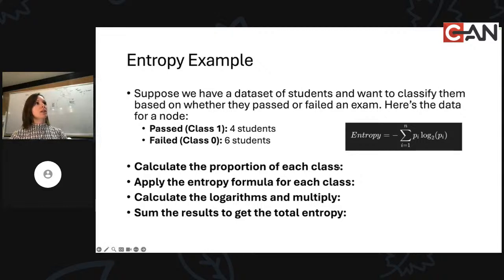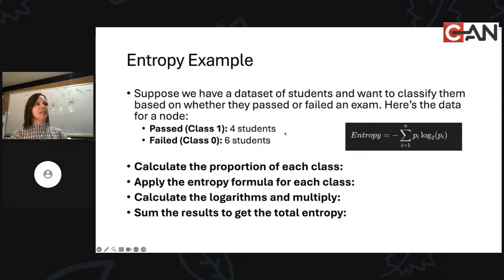Okay, so this formula has our P, that's our proportion, our probability, and then log base 2 is what we're going to use, so it's log base 2 of the probability or of the proportion.